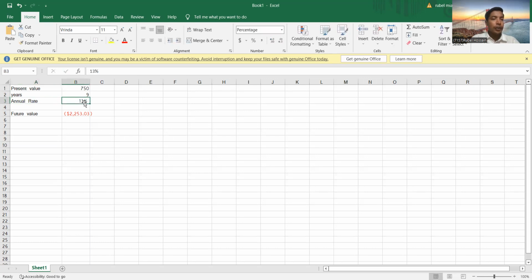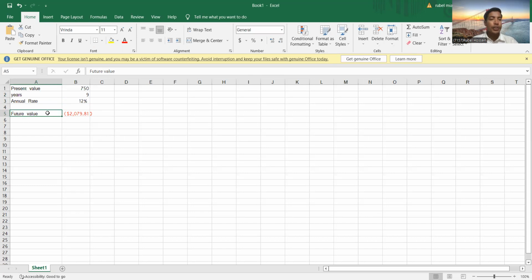Here it has given 13%, so we can change the amount. We can write 12%. Then number 4 we have to keep blank, just because there is nothing. If we keep it blank, then it would be easy to understand. Okay, so skip that option and go to another option, that is 5.